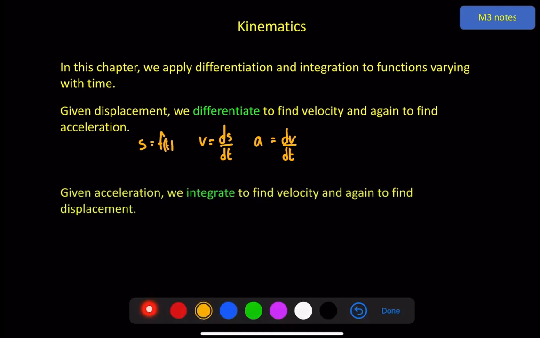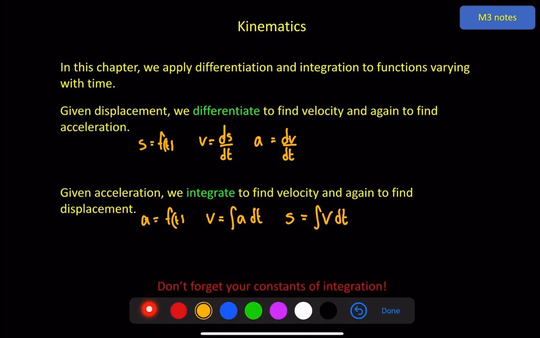And you can do this backwards by integrating. If you know a is a function of time, then you can find v by integrating a. And you can find s by integrating v. When you're integrating, don't forget your constants of integration, very important in this chapter.